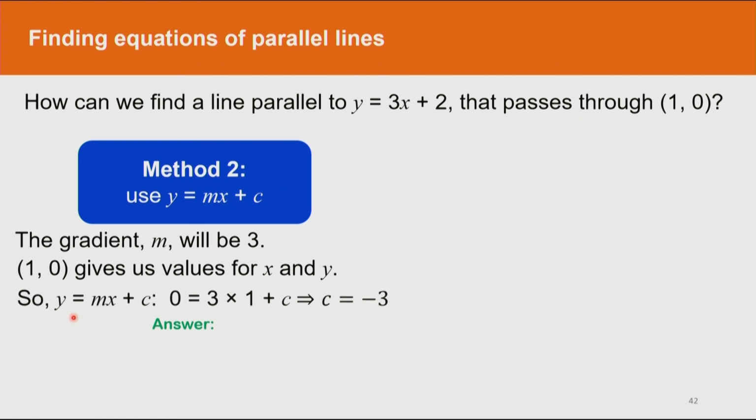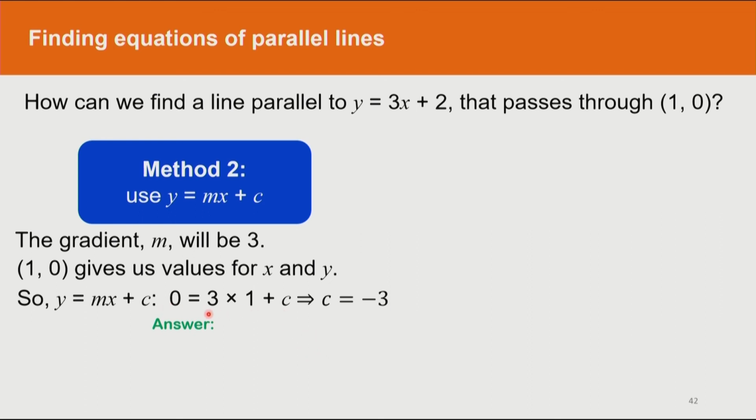So from the given equation y equals mx plus c, we know that m is 3. So we are going to substitute the coordinates x, y into this equation. So here x is 1, you will put it there, and y is 0, you will put it there. Then now you are making c the subject of the formula.